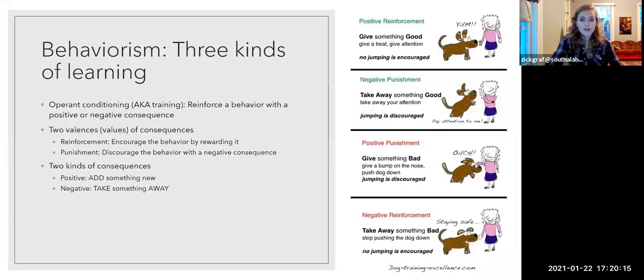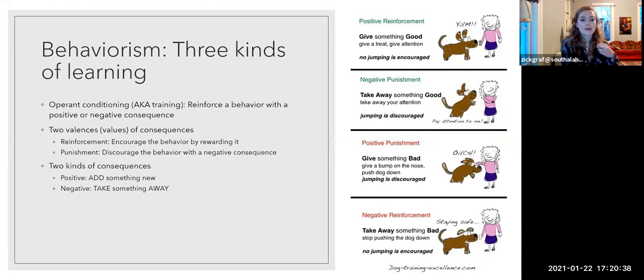The third kind of learning is operant conditioning. In other words, training. This is when you reinforce a behavior with either a positive or a negative consequence. If you want an organism, from a hamster to a human, to do something less, you punish it.